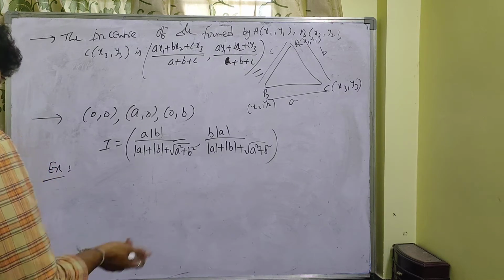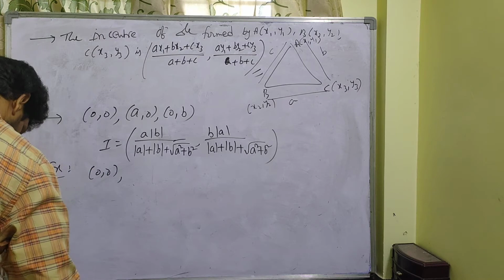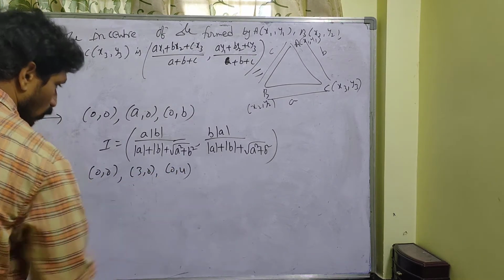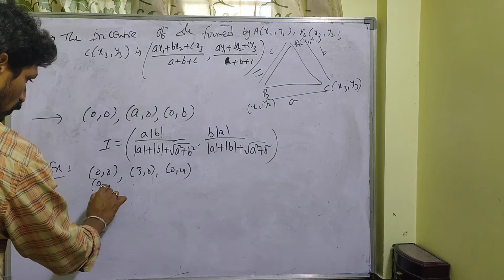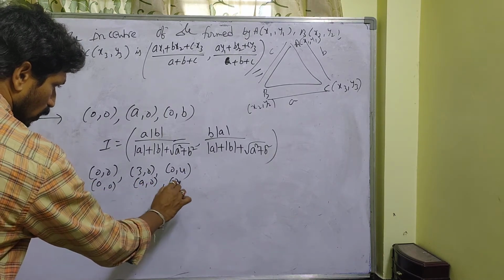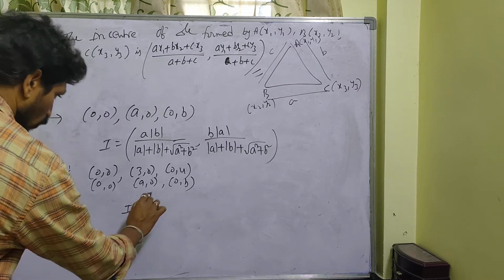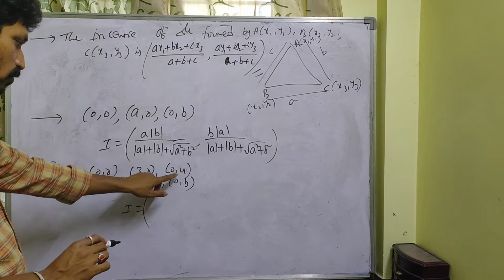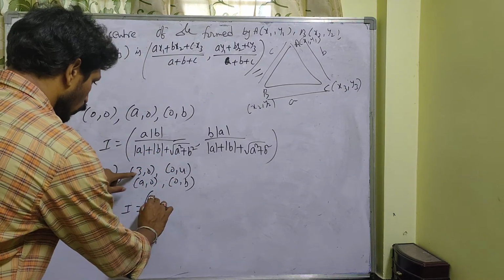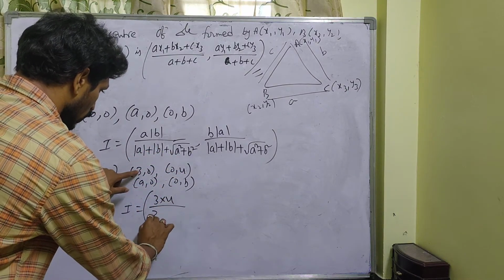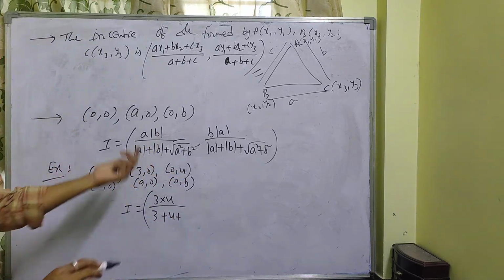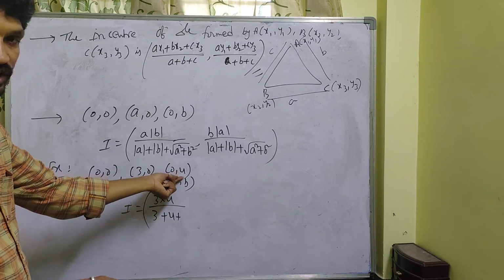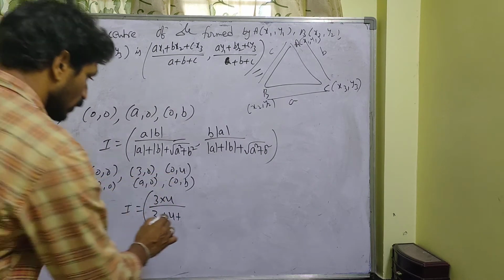Okay. See here, take one example. Incenter of the triangle formed by 0, 0, 3, 0, 0, 4. So it is nothing but 0, 0, A, 0, 0, B. How can you find out the incenter? I is equal to A into mod B, here A is 3, B is modulus of 4, that is 4 only. 3 into 4 by 3 plus 4 plus, all are positive so just write directly, root over 3 square plus 4 square, that is 9 plus 16, so that is root 25, that means 5 only.